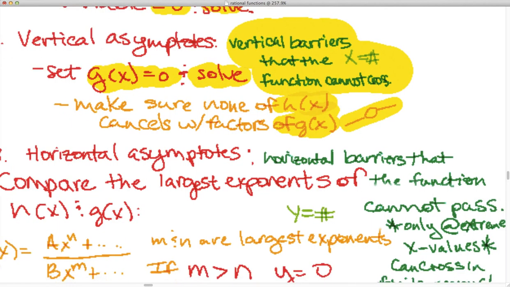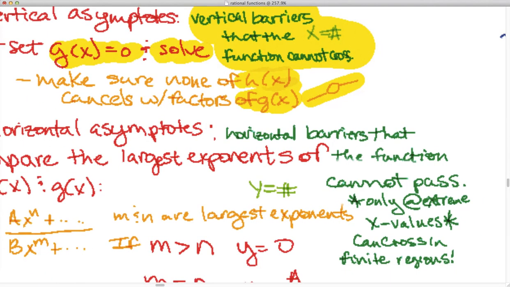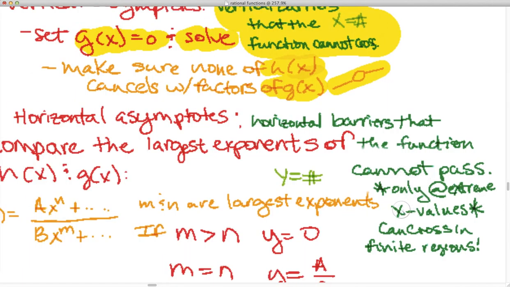Okay, how do we find the horizontal asymptotes? Well, for the horizontal asymptotes, we've got to do some comparisons of the numerator and the denominator largest exponent. So what we've got to keep in mind here, you can cross a horizontal asymptote in the finite regions. What do I mean by that? I can cross the x-axis even though there is an asymptote at y equals 0.